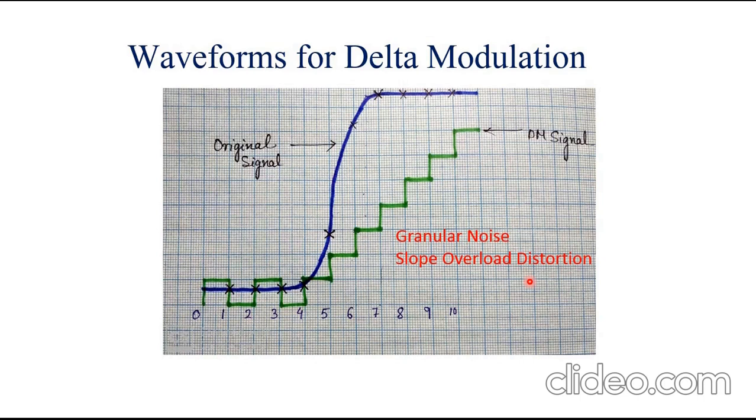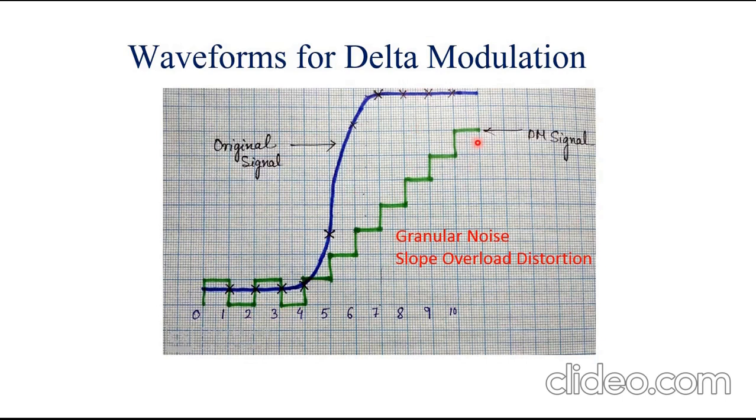Granular noise happens when the step size is too large, and slope overload distortion happens when the step size is too small. So in granular noise, we should decrease the step size, and in slope overload distortion, we should increase the step size. This is what we want to do in adaptive delta modulation.